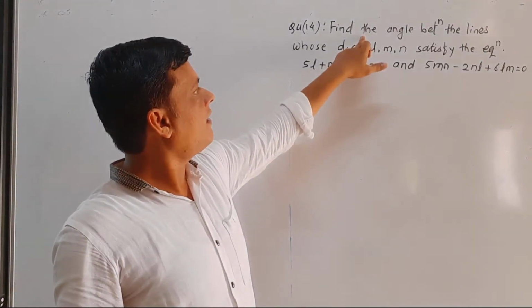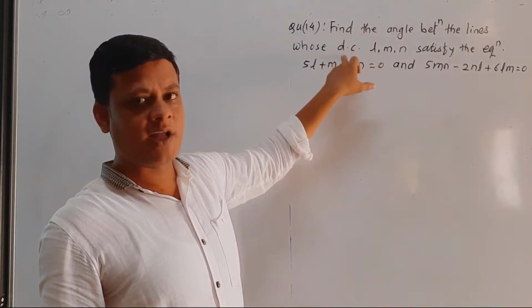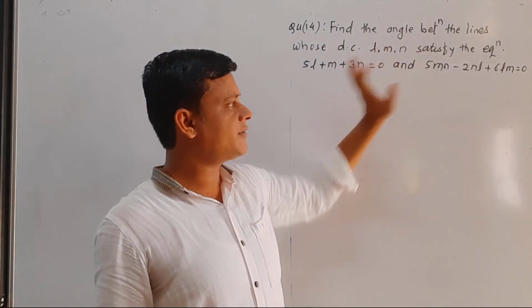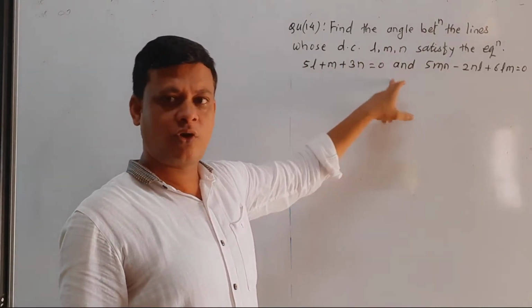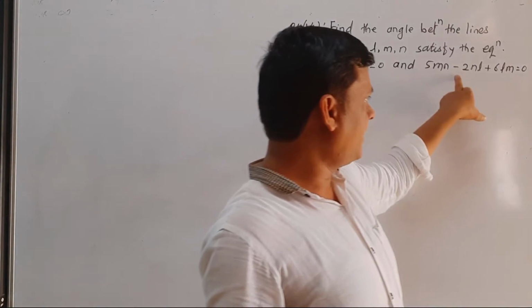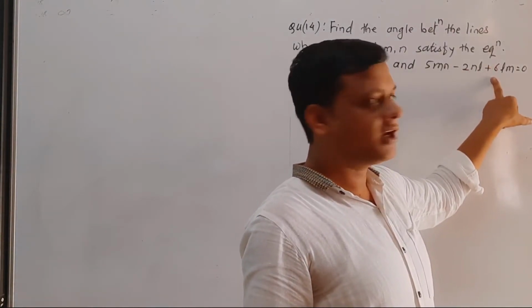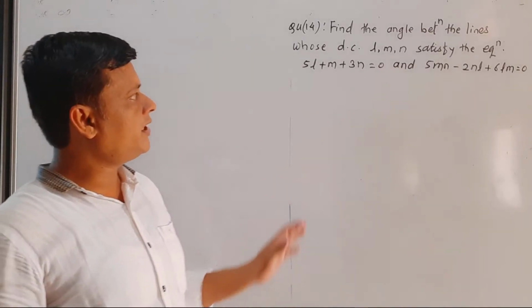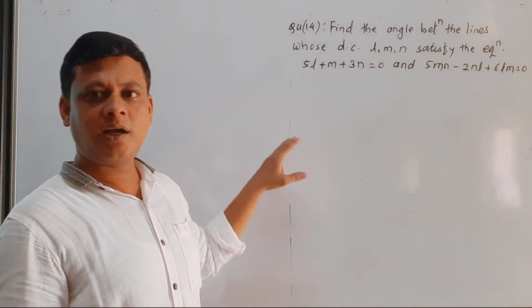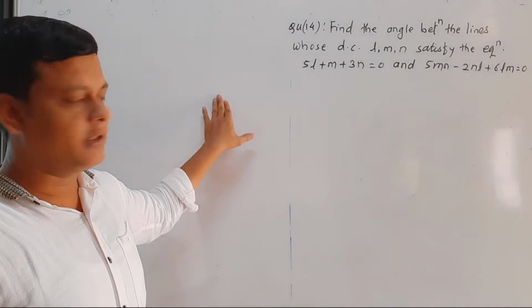Find the angle between the lines whose direction cosines l, m, n satisfy the equations 5m plus m plus 3n equals 0 and 5mn minus 2nl plus 6lm equals 0. That means we have to find the angle between the lines, but here direction cosines are not given.